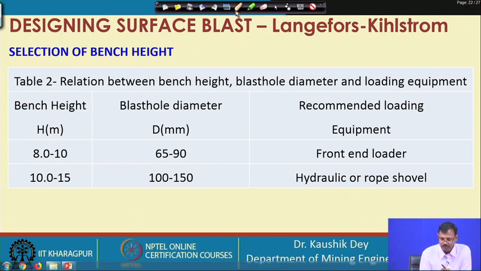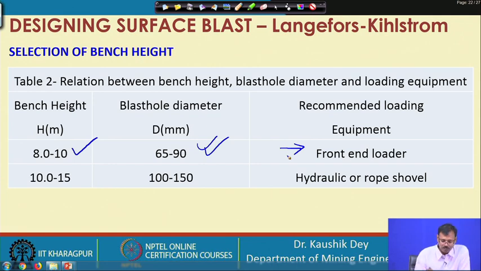So, he has given a guideline that if a person is using a bench height of 8 to 10 meter, then he may opt for a blast hole diameter of 65 to 90 millimeter, and it is expected that a front end loader can give you better loading.